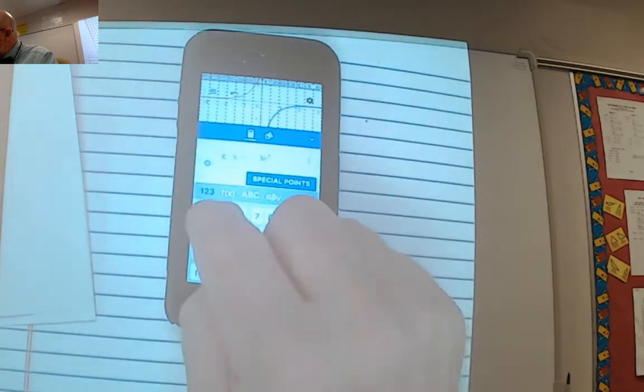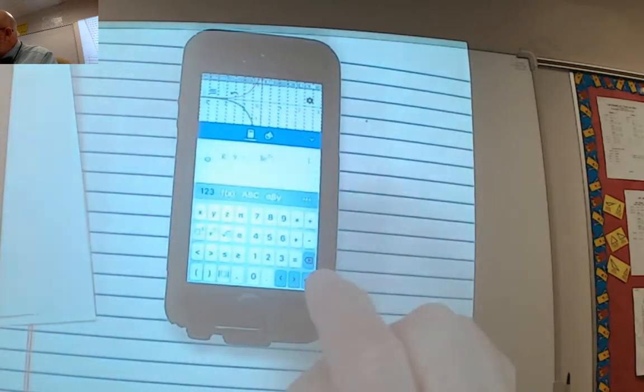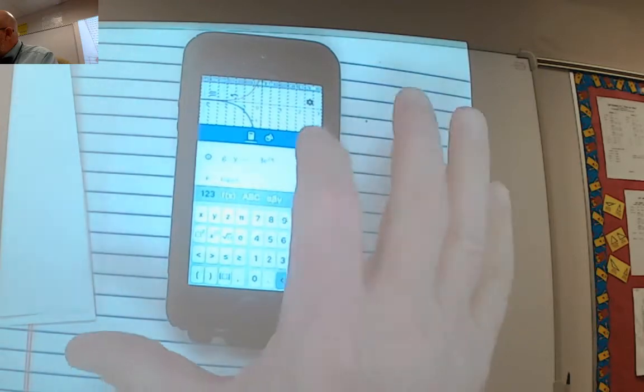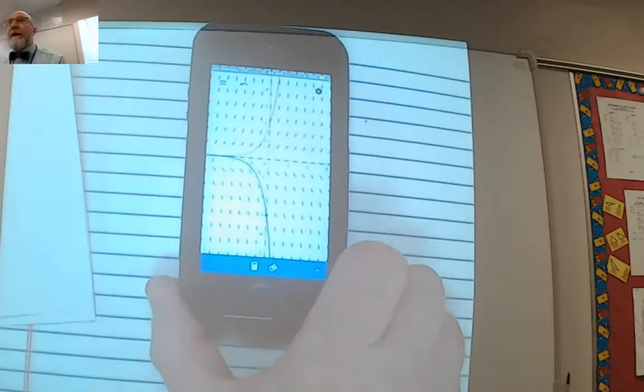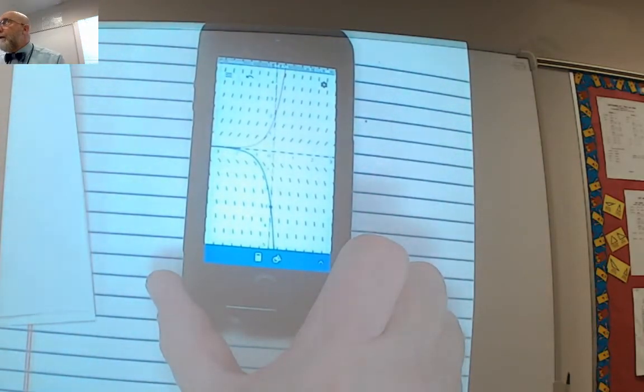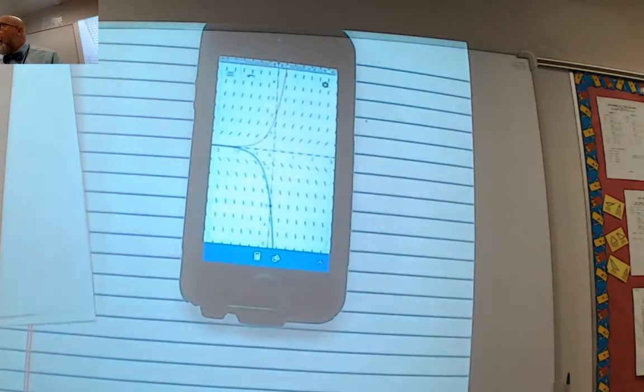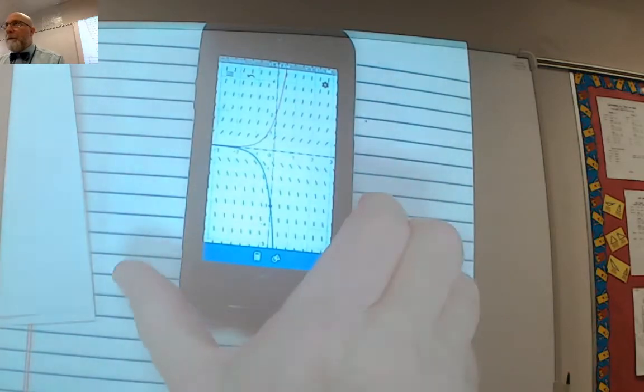X. There we go. See how it looks like that? So the negative is underneath the y-axis. The positive is above it. All right? Okay.